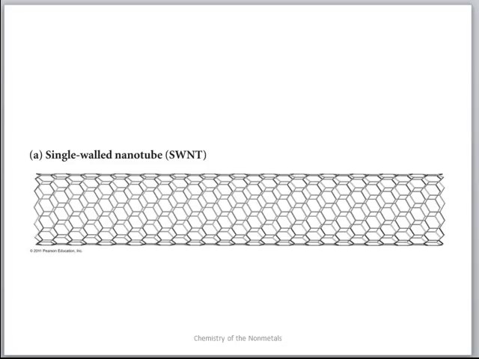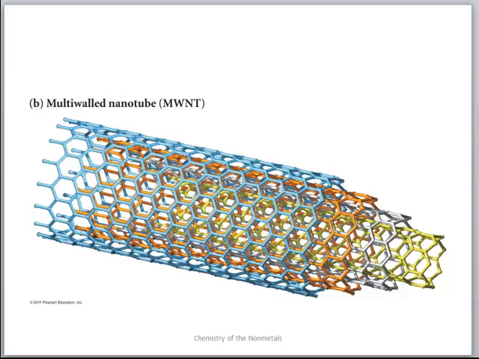You can arrange these in single-walled nanotubes, meaning that there's only one layer of carbon atoms, or you can roll up multiple carbon nanotubes to smaller inner diameters and insert them into each other, or actually grow them progressively into what are called multi-walled nanotubes.